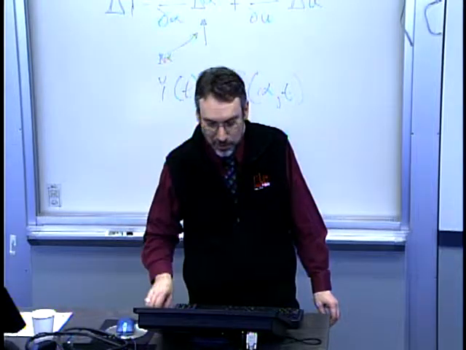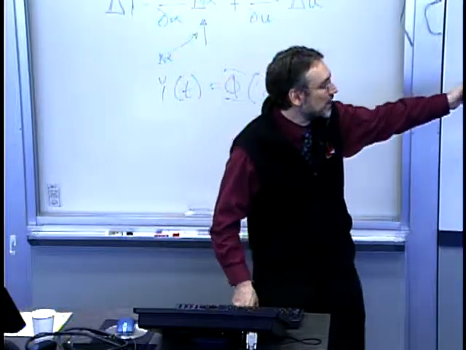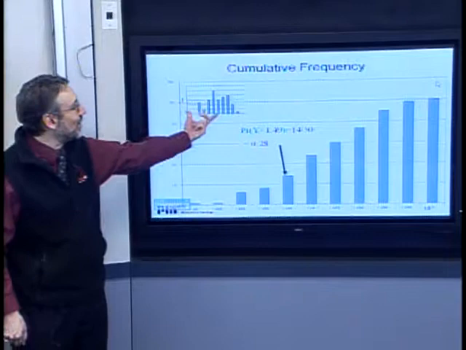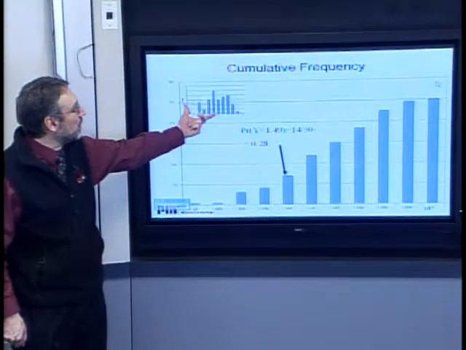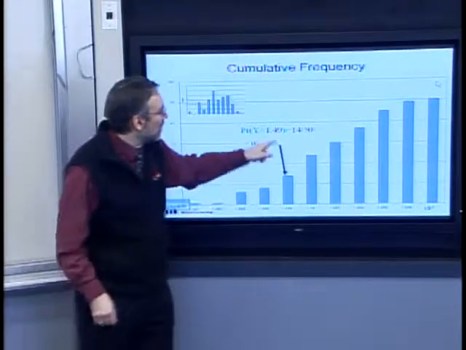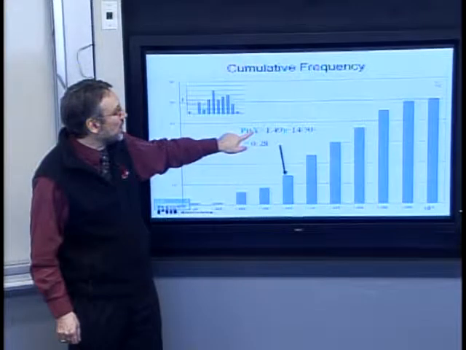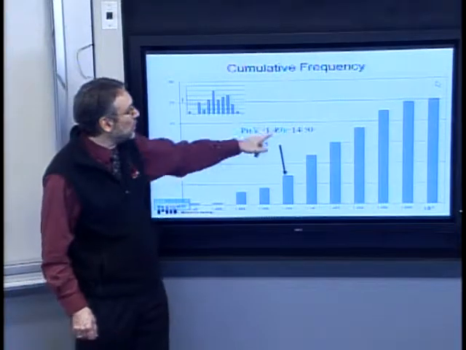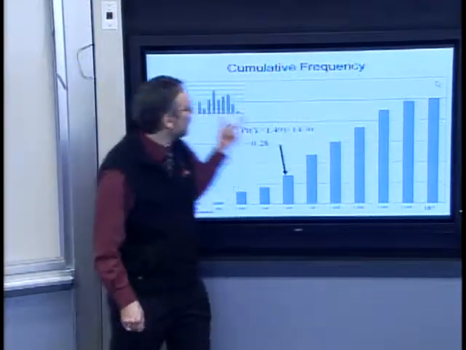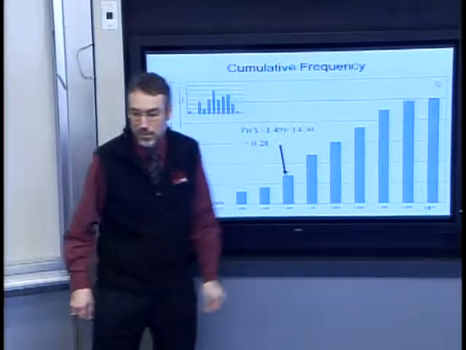Just to illustrate that a little bit more, we can do the same thing, have a cumulative frequency with discrete data. So if I had that underlying histogram here, I could also build a cumulative frequency histogram that simply was giving me the probability that a part or a measured value was up to but less than some particular value. And that's simply the integration across the PDF up to that value.